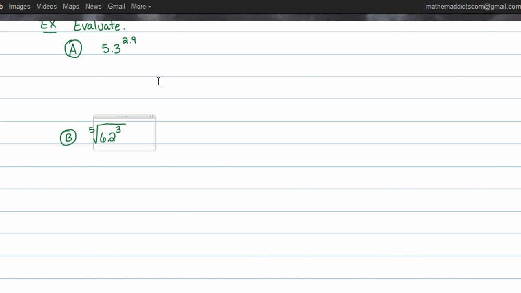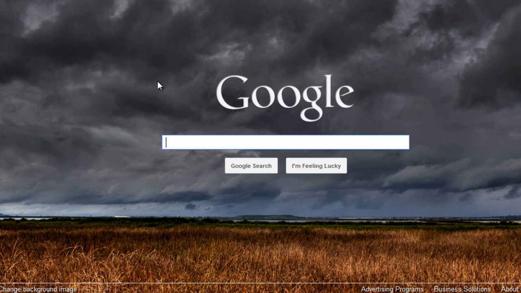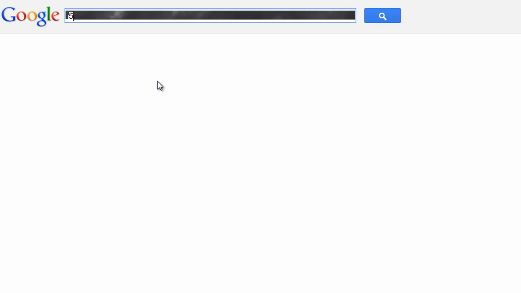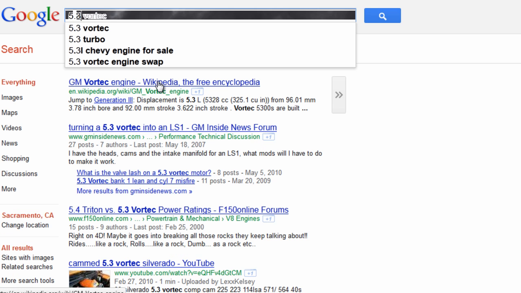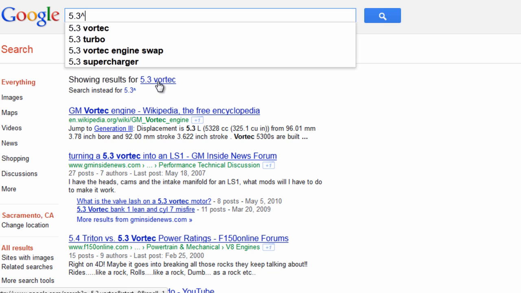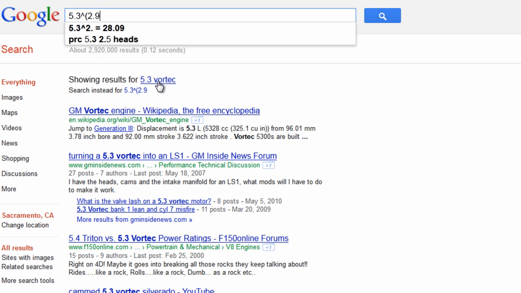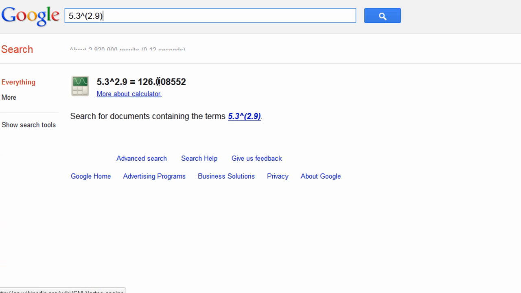So to enter that into Google, you write 5.3, and then you raise it to the, and start a parenthesis, just like you're using a graphing calculator. That raise, by the way, is called a caret. Raise it to the 2.9 power and end your parenthesis. Google's a calculator. It'll immediately tell you it's 126.008552. You can get even better with the calculations here.